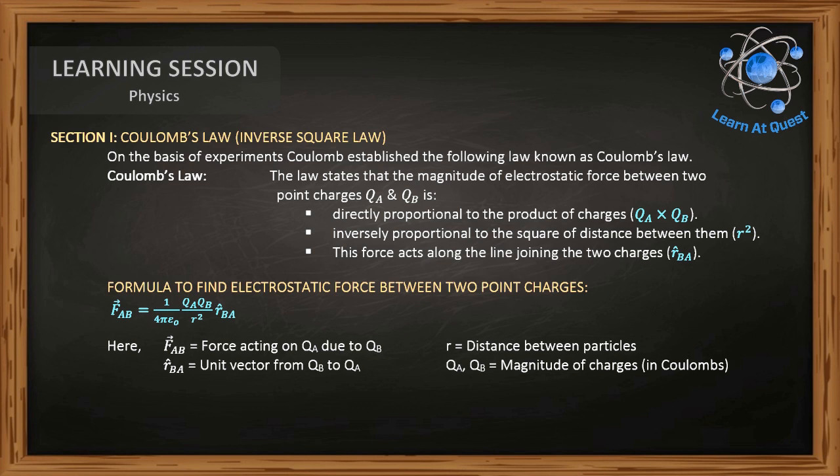It's approximately equal to 9 multiplied by 10 raised to 9 units. r is the distance between the two particles, QA and QB. r cap BA is the unit vector from QB to QA. This gives us the direction of the force acting on A due to B. F_AB is the force acting on QA due to QB. QA and QB are the magnitudes of two charges in coulombs. Let us solve a few questions based on Coulomb's law.